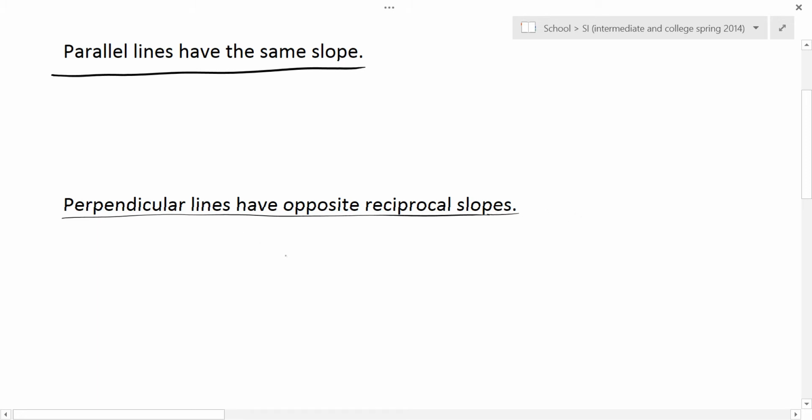Let's say I have the line, just making up this line as I go, y equals negative 14 over 5, x plus 3. And I have also got another line, y equals 5 over 14, x plus 11.